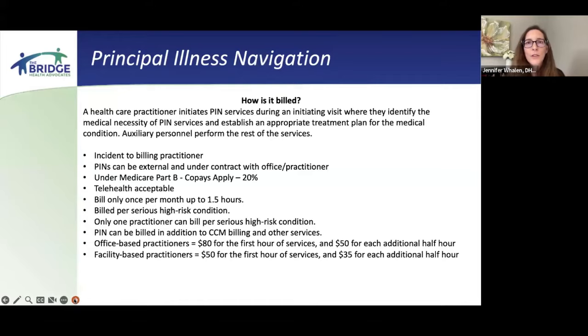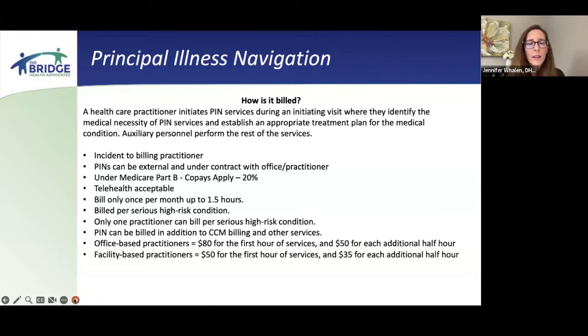So if you have some illness that two specialists are treating, only one of them can bill for the navigation services. PIN can be billed in addition to chronic care management billing and other services. Like I said, we'll talk more about that.